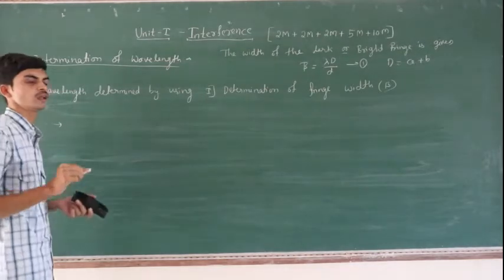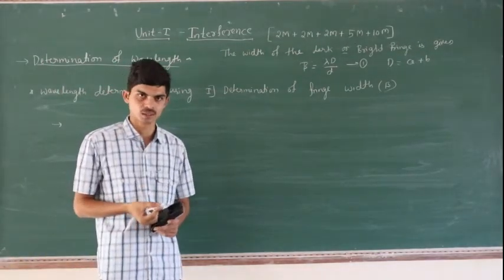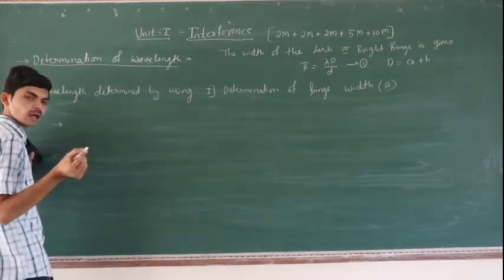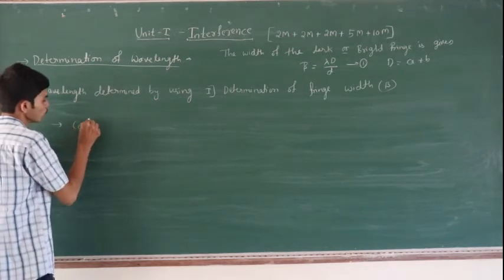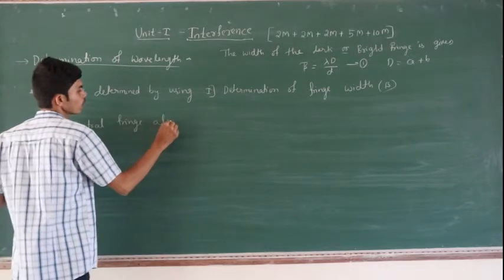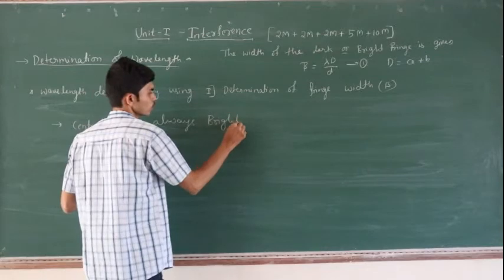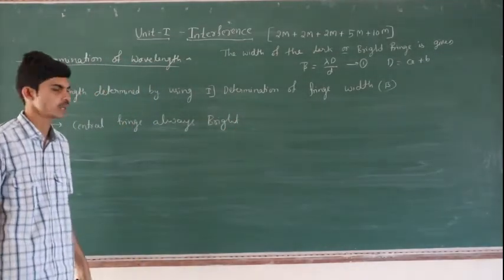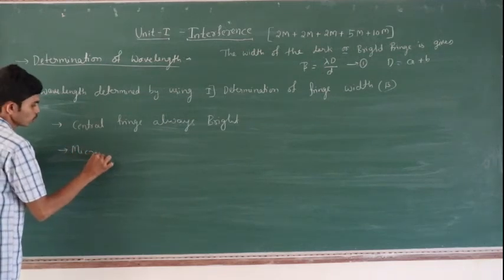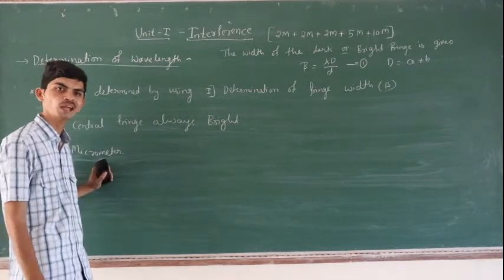To see the dark as well as bright fringes, we will use the micrometer. As I already told, the central fringe is always bright. By using that micrometer, we have to see the dark as well as bright fringes.